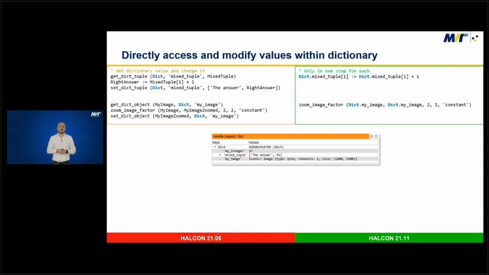As you can see here, we have zoom image factor, dict.myImage, so you can directly give this image out of the dictionary to this operator. So no need to extract the image before, set it to the operator, and then manipulate it. Same goes for dict.myImage at the second position to write the result of the operator into this dictionary.